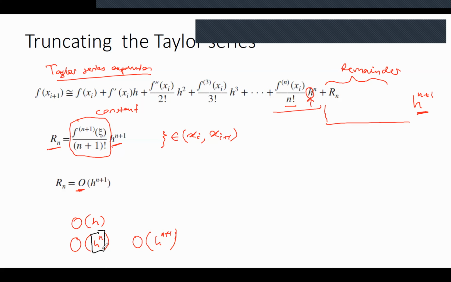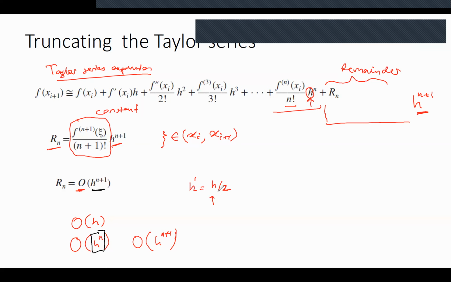And apparently for the Taylor series, this truncation error is dependent on h to the power n plus 1, which means that if we, for example, choose an h which is half, we change the step size.